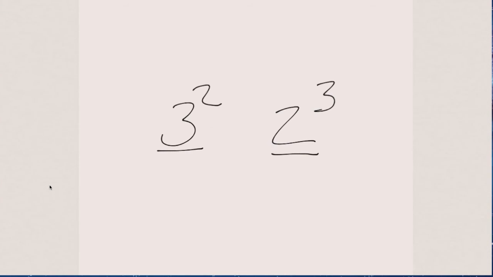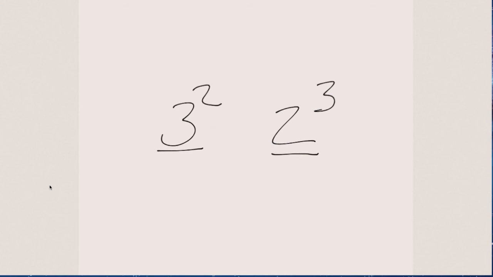Finally, let's finish off by comparing two different powers. We're going to first look at 3 to the 2nd power compared to 2 to the 3rd power. Let's see which one is actually bigger. Now, a lot of people will just look at the base and think that automatically this particular power is going to be bigger because 3 is larger than 2.